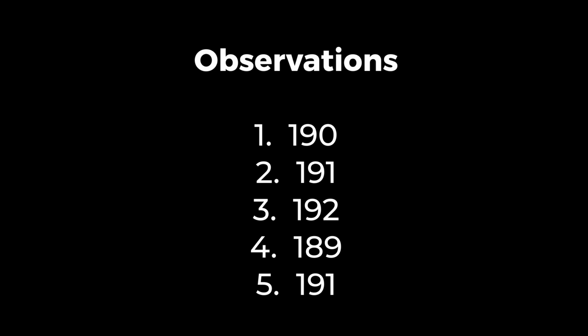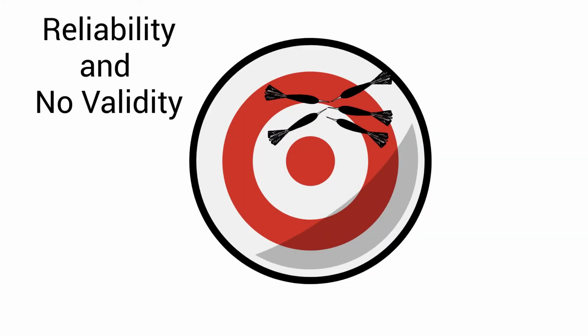In this case, my observations are consistent, but there's a tendency for my thermometer to overestimate the temperature of my chicken. So I can still obtain chicken that's inappropriately cooked due to these systematic differences. The scores are reliable, but I'm still lacking validity with respect to my interpretation.